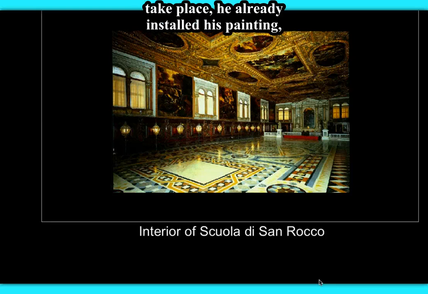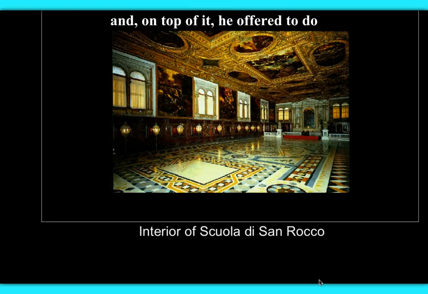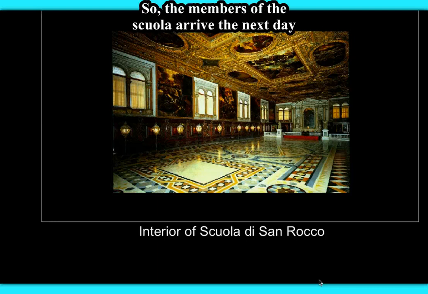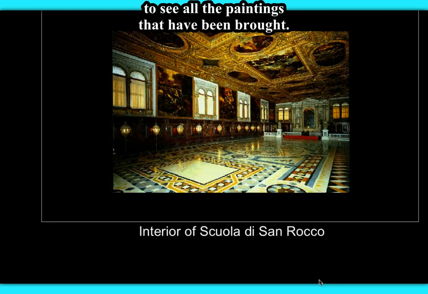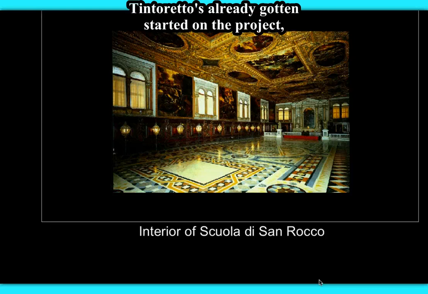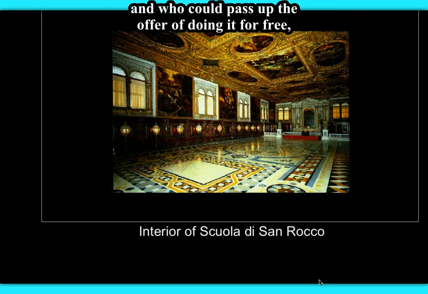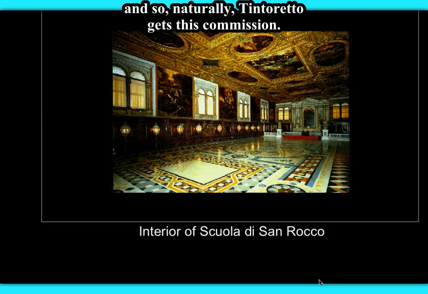He already installed his painting, and on top of it, he offered to do the whole project for free as long as he could be a member of the Scuola. So the members of the Scuola arrived the next day to see all the paintings that had been brought. Tintoretto had already gotten started on the project, and who could refuse the offer of doing it for free? And so naturally, Tintoretto gets this commission.